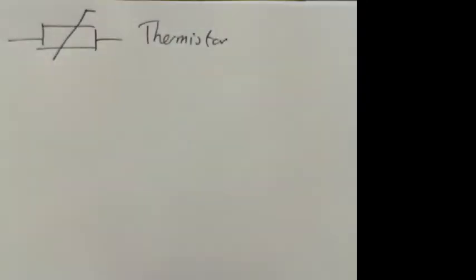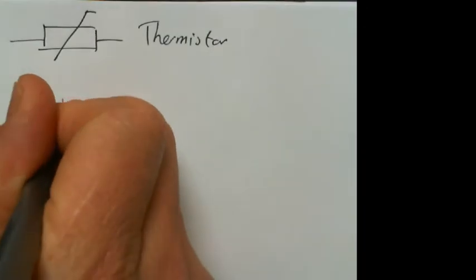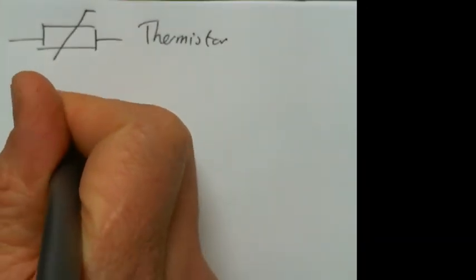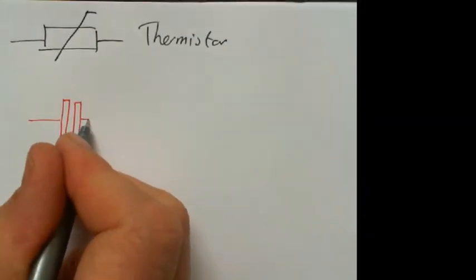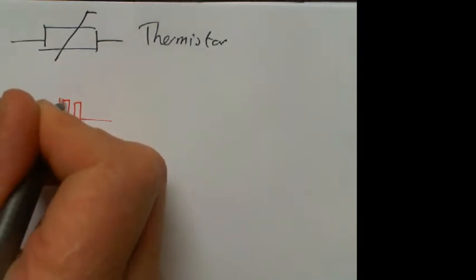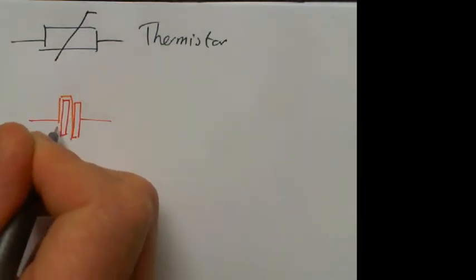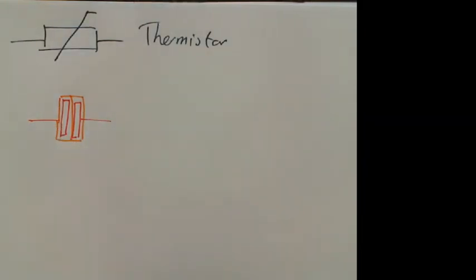And what a thermistor is, is a component where you've got 2 bits of metal which are really close together, okay? And then when you heat them up, when they get hotter, they expand, which means that they are touching more. So they get closer together when they expand.